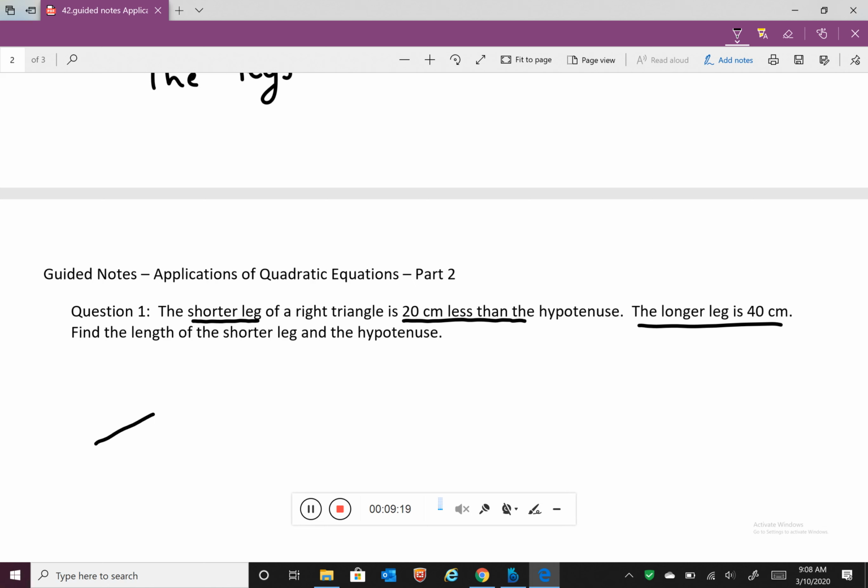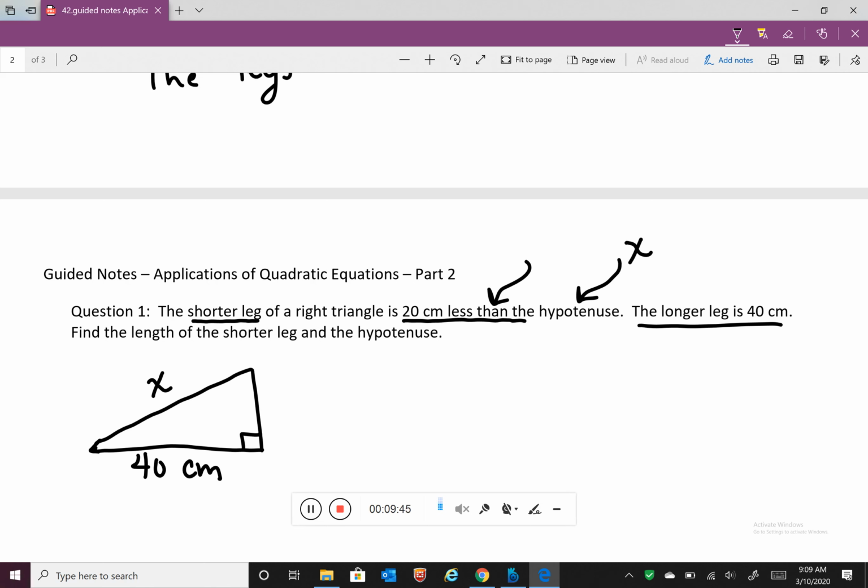So you are told that the longer leg of this right triangle is 40 centimeters. You are told that the shorter leg of a right triangle is 20 centimeters less than the hypotenuse. We don't know the hypotenuse, so we can call that x.